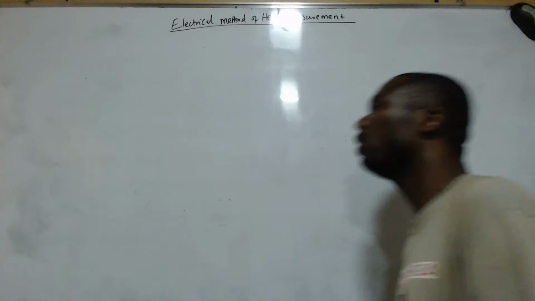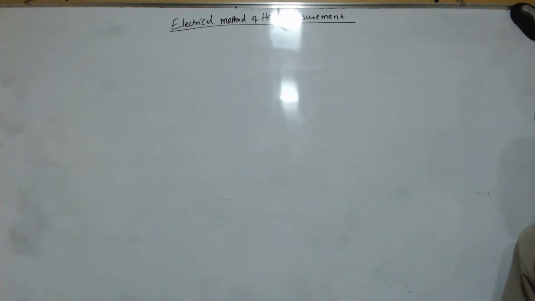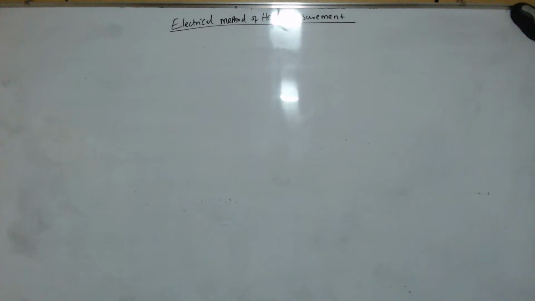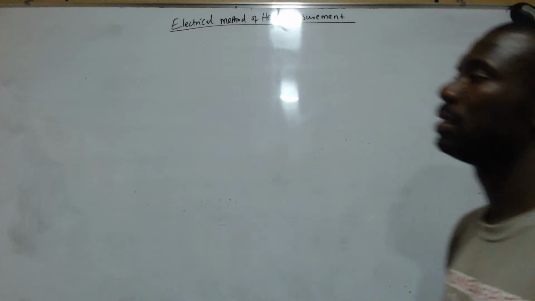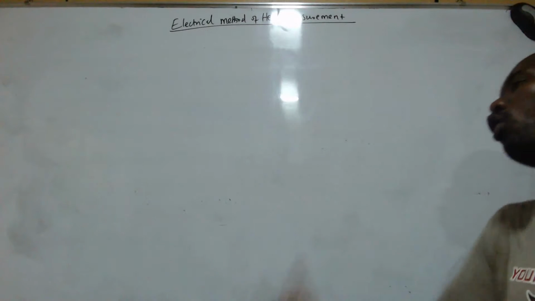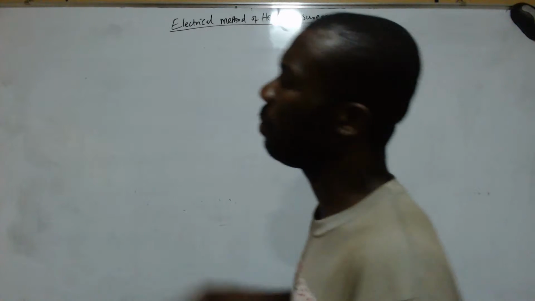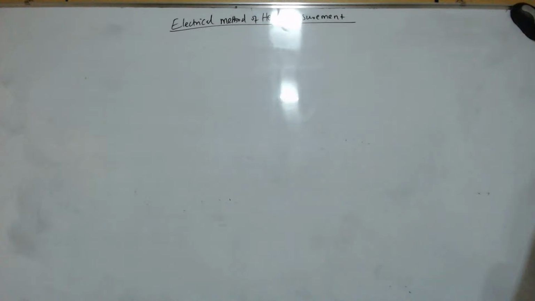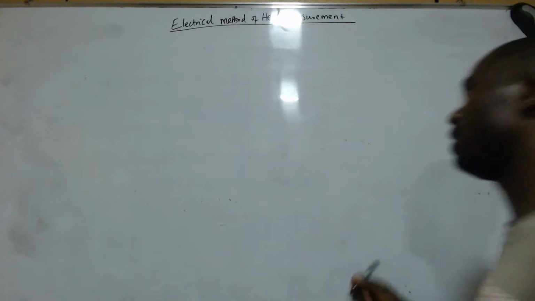In the electrical method, we have a coil, a system that supplies energy to whatever is inside the calorimeter. The work done by the electrical equipment is equal to the heat gained by the calorimeter and its content. That is what is happening in the electrical method.